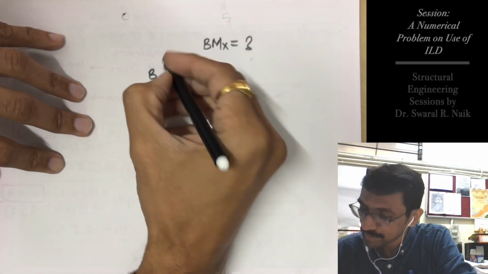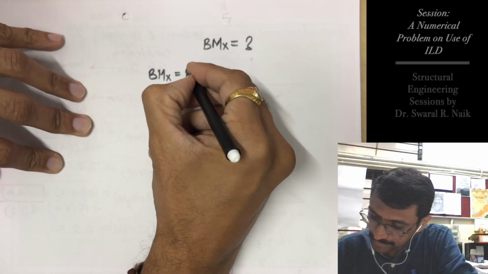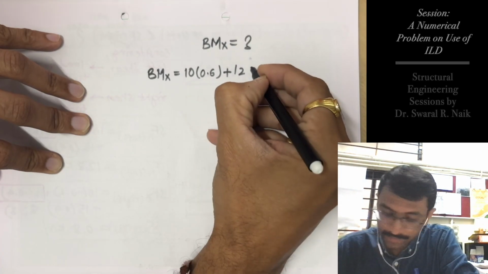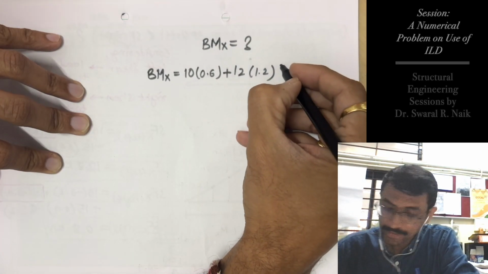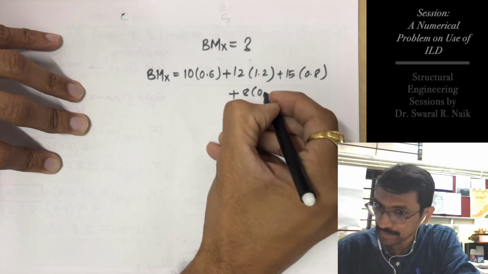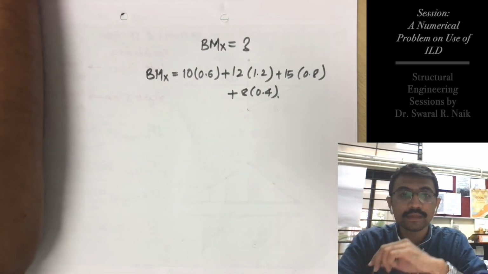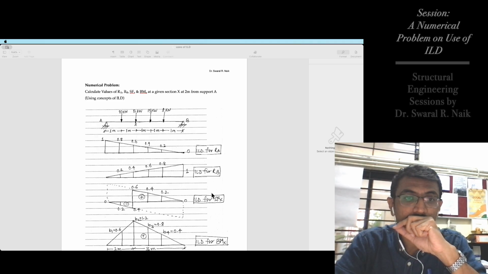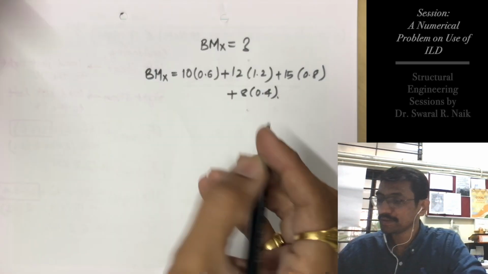So your bending moment BM at X is nothing but 10 into 0.6 plus 12 into 1.2 plus 15 into 0.8 plus 8 into 0.4. I will share this note with you.